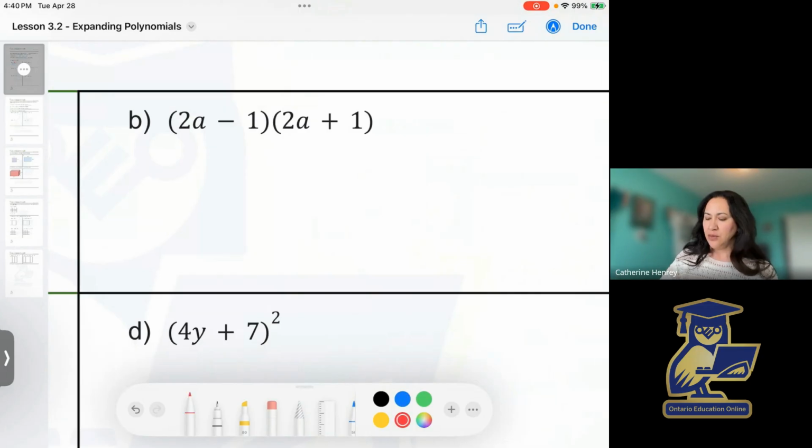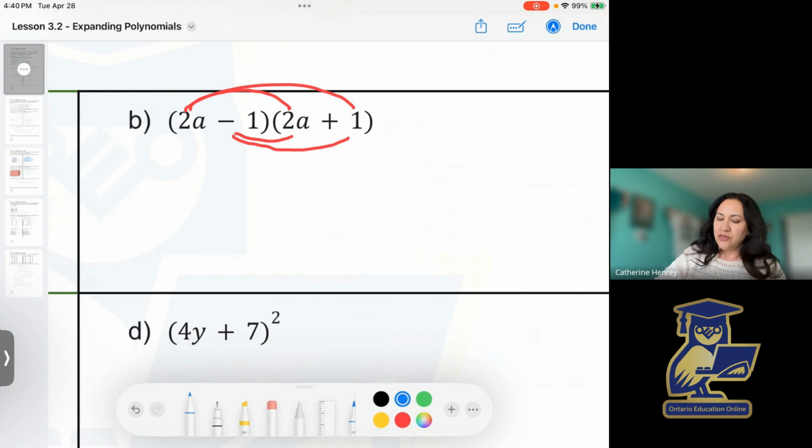Let's take a look at B. And again, I'll just map out that first, outer, inner, last. So first term with first term, outer term with outer term, inner term with inner term, and then the last term with last term. So 2a times 2a is going to give me 4a squared. 2a times 1 is going to give me positive 2a.